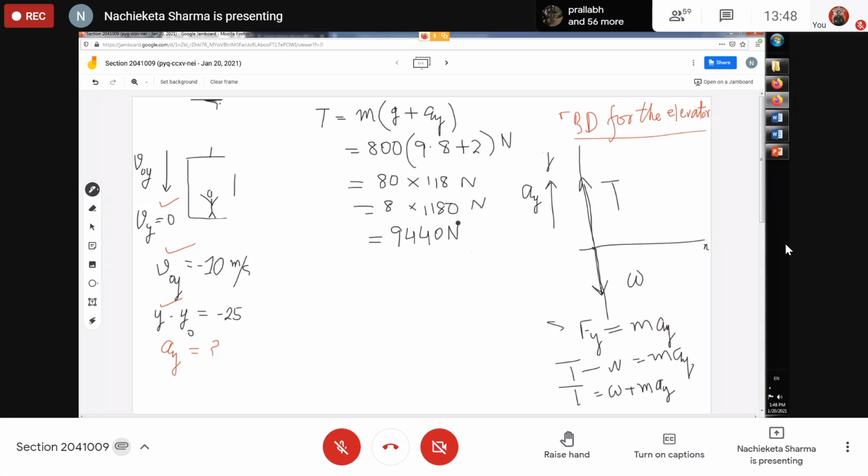Okay, so this is what the supporting cable must have, this amount of tension, because not only will it support the weight of the elevator and others, it will also generate an extra weight of how much? 1600 Newton, isn't it? So that is being added. That's why you are getting such a big quantity.